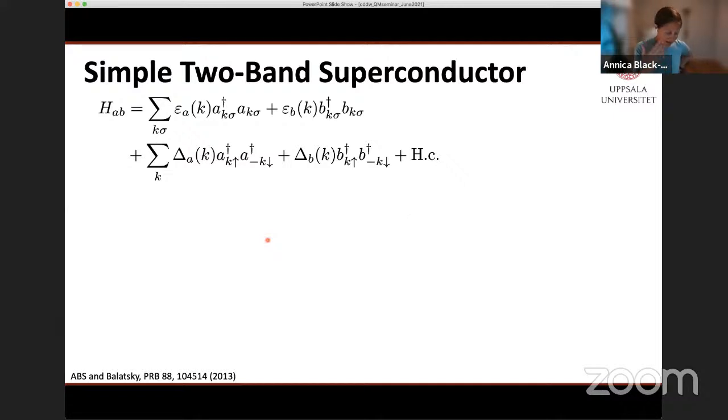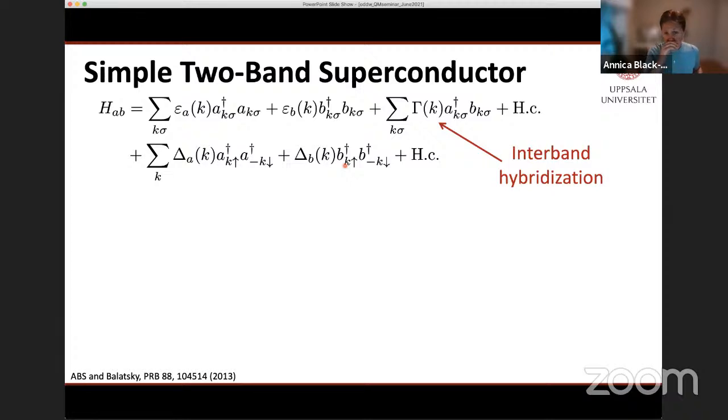Okay, so that shows what I showed before: it can appear. It's allowed by symmetry, and the question is, does it appear? And what do we need to do to get it to appear? So let's start with a simple 2-band superconductor. So you have a band A and a band B with some kinetic energy, epsilon A and epsilon B, and some pairing in both orbitals, delta A and delta B. At this point, it's two disconnected superconductors.